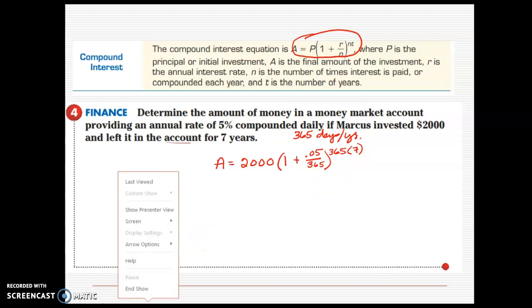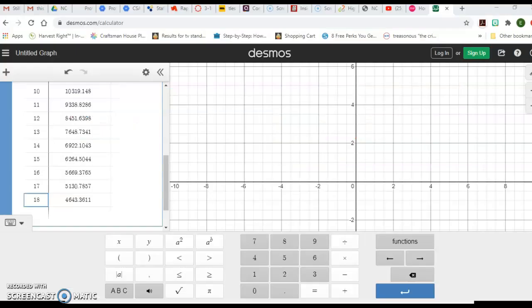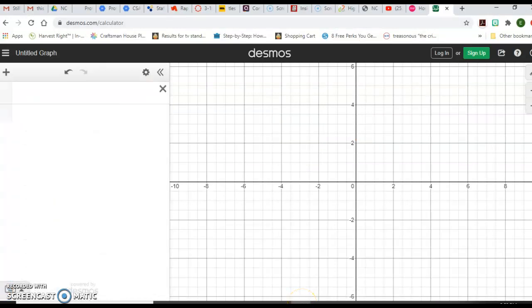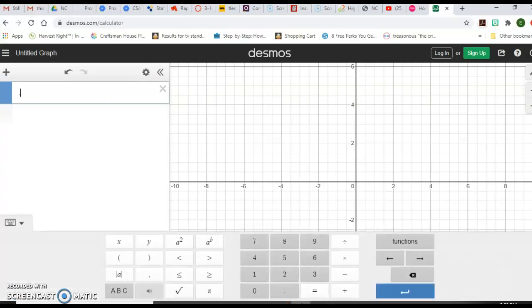So to put that in your calculator, I usually do it a particular way. I will put in the r over n first. So 0.05 divided by 365, 0.0001, blah, blah, blah.